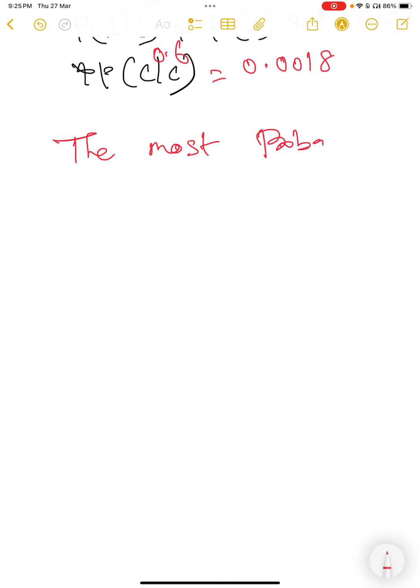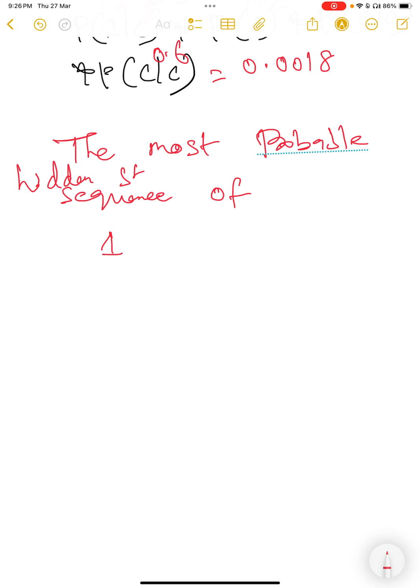So we have solved the problem: the most probable hidden state sequence for the observed sequence of one ice cream, three ice cream, and one ice cream.